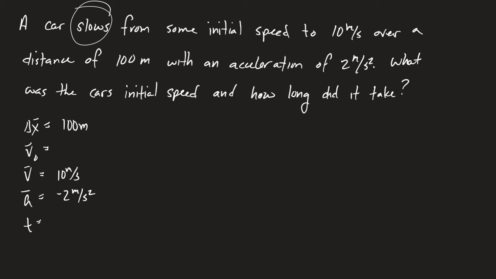Might not seem like much, but if you're trying to figure out the initial velocity, you might have decided to eliminate and not use time, which would have chosen for you this relationship.